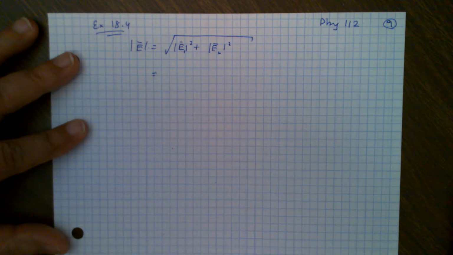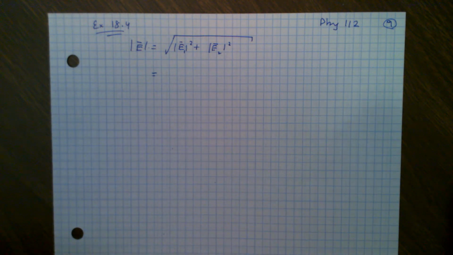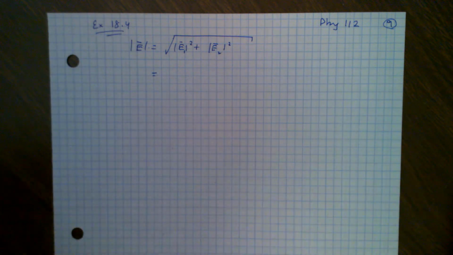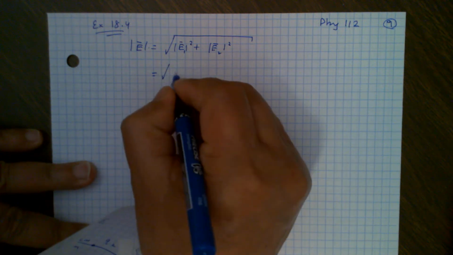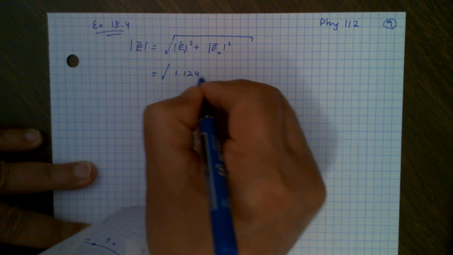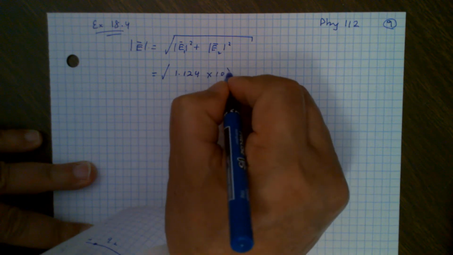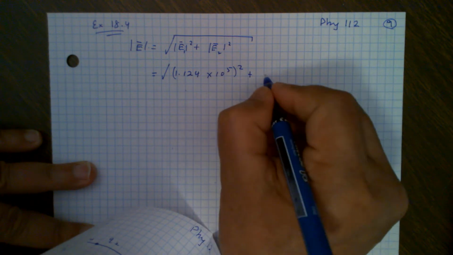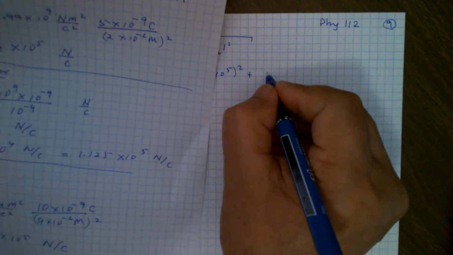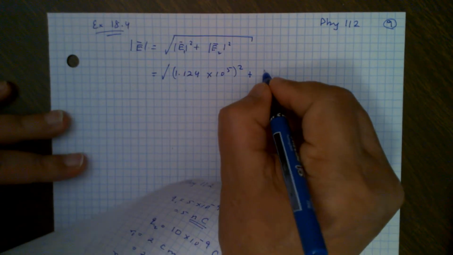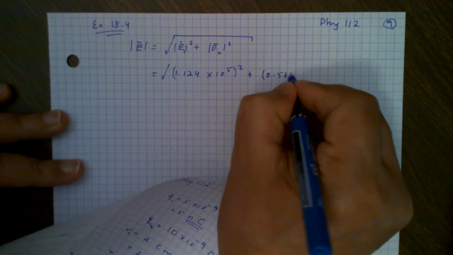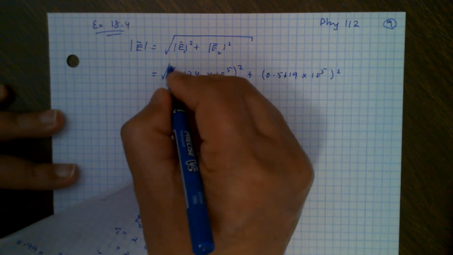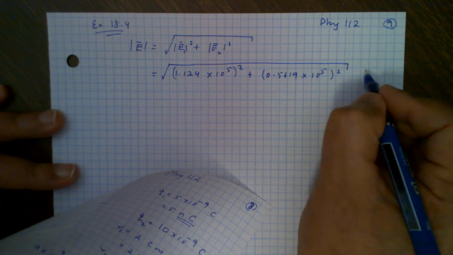So our answers were 1.124. So let me show you again. That's 1.124 times 10 to the power 5 squared plus 0.5619 times 10 to the power 5 squared, and the answer will be in newtons per coulomb, right?